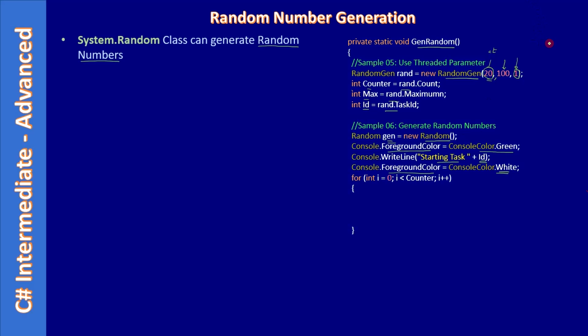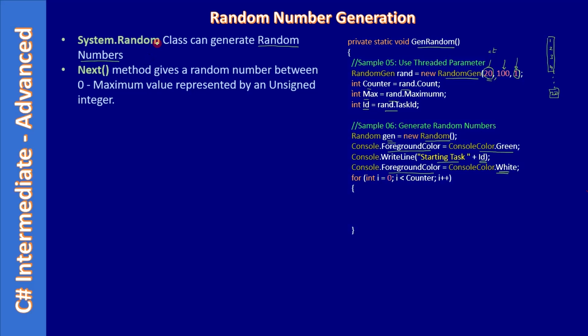Previously in the video it told it will generate the sequence number also, and this sequence number will go till 20. That means here we will be generating 20 random numbers, and here also you can see the loop runs for 20 times, but count starts from 0.